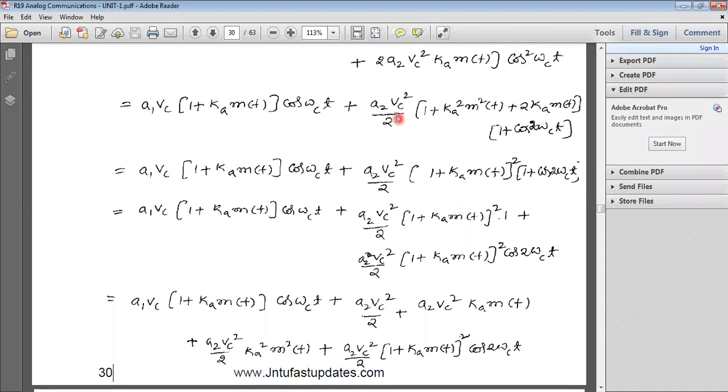Or otherwise we directly multiply this term, A2 Vc square by 2 into 1, so that is A2 Vc square by 2. Then this term, A2 Vc square by 2 into Ka square m square t, and the 2 cancels, giving A2 Vc square Ka into m of t.